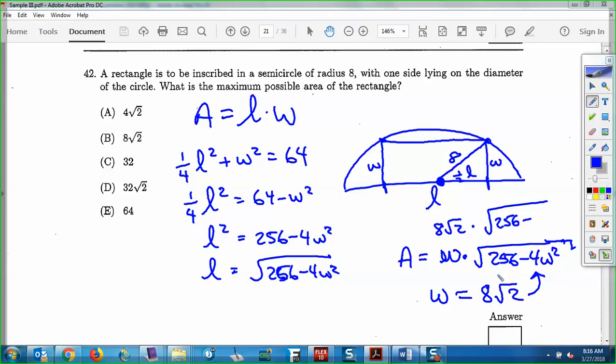You got how much? Okay. All right, good. 8 square root 2 squared, wouldn't that be 128? Times 4, wouldn't that be 512? You got 4 square root 2 what, for the area?